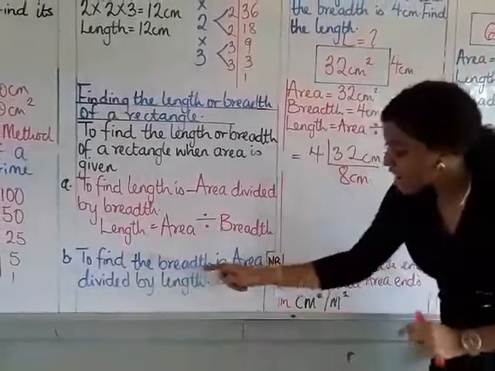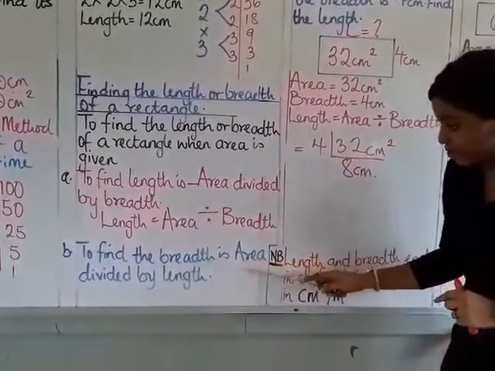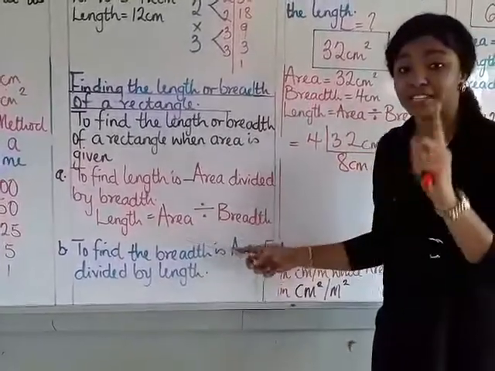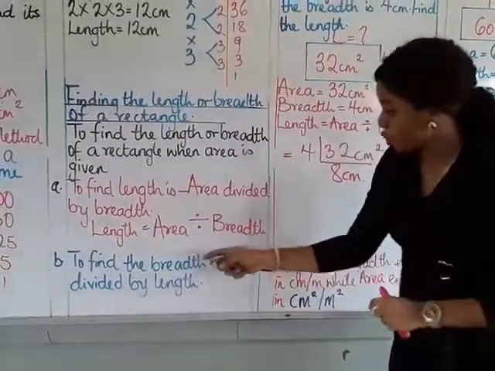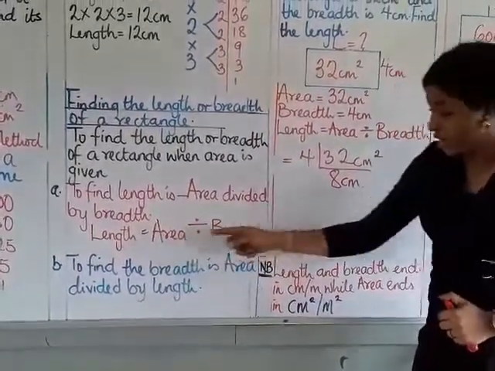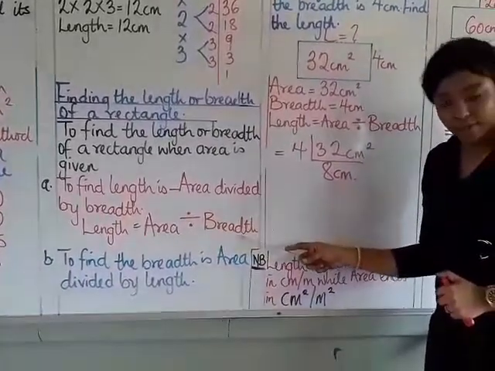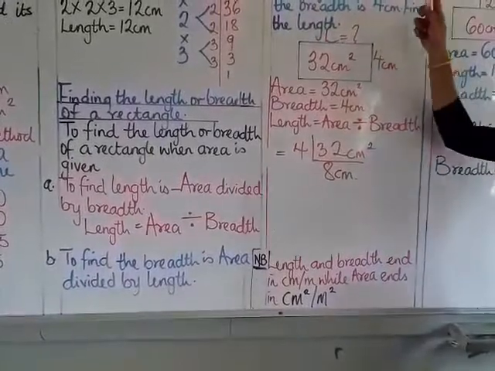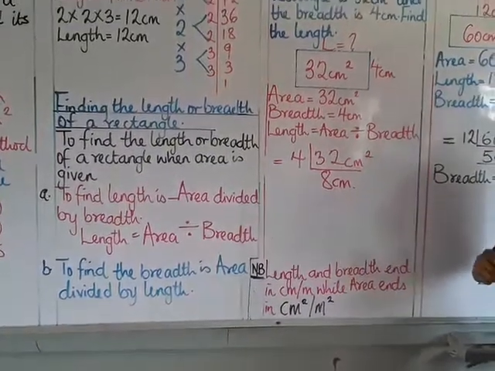And to find the breadth, it is area divided by length. So children, it depends on the side that you are looking for. So if length is given, area will divide breadth. And if breadth is given, area will divide length. Do you get that? Great.